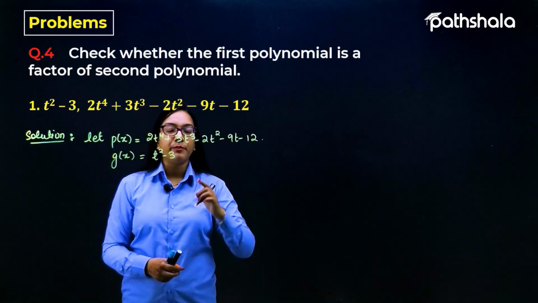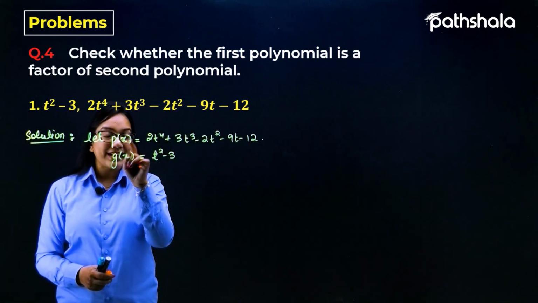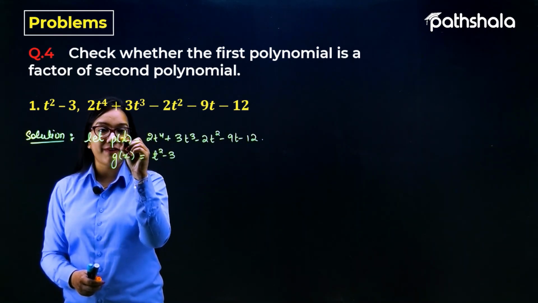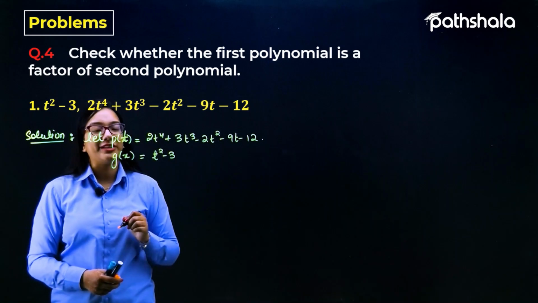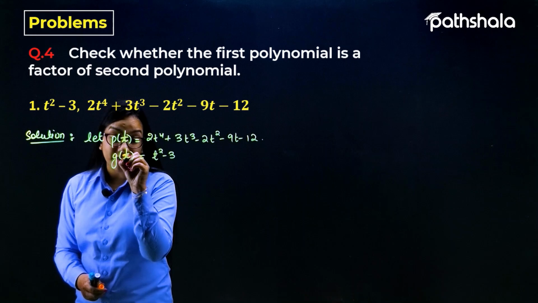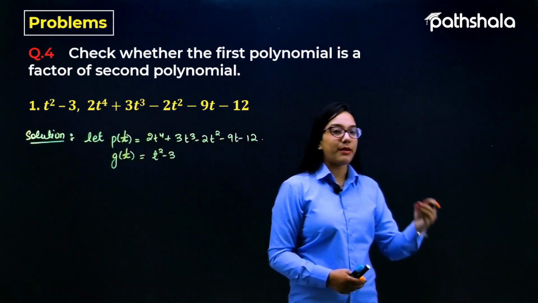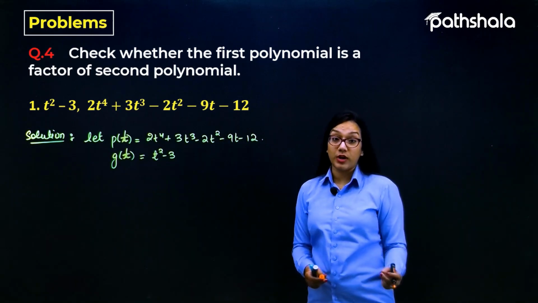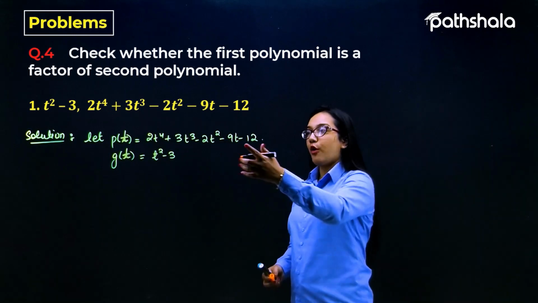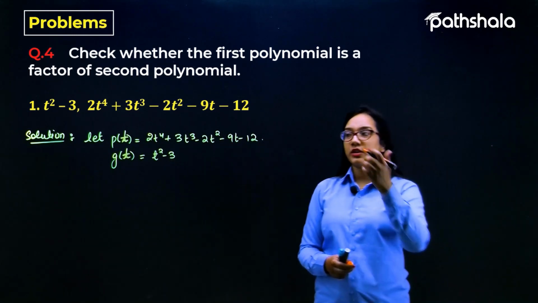As we have polynomials in the variable t, we cannot represent it as p of x, because p of x resembles a polynomial in x. We have to represent it as p of t and g of t. So let's divide these two polynomials using the division algorithm.